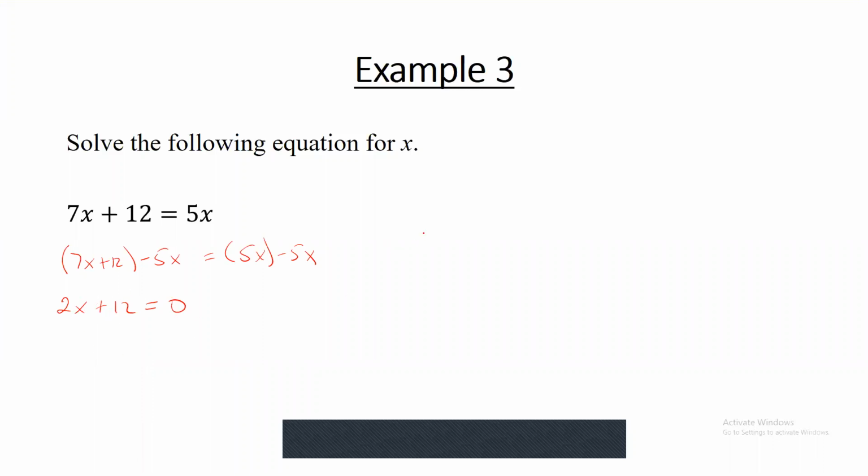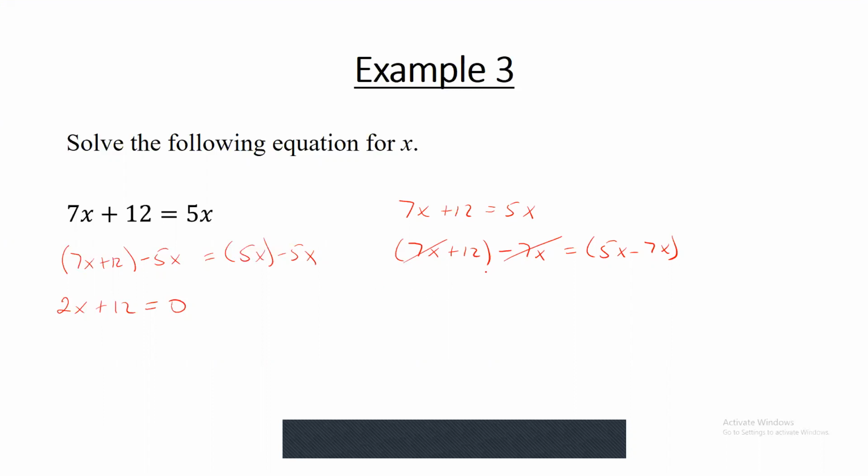The other way to do it, starting with the same problem, 7x plus 12 equals 5x, we could get rid of the 7x. So we could say 7x plus 12 minus 7x equals 5x minus 7x. 7x and negative 7x is 0.